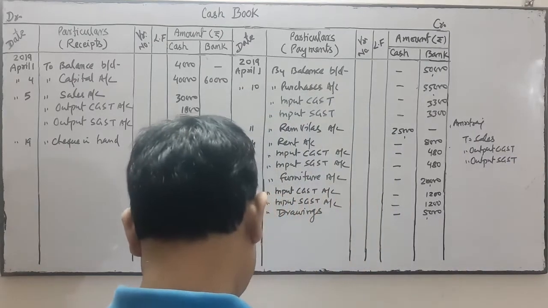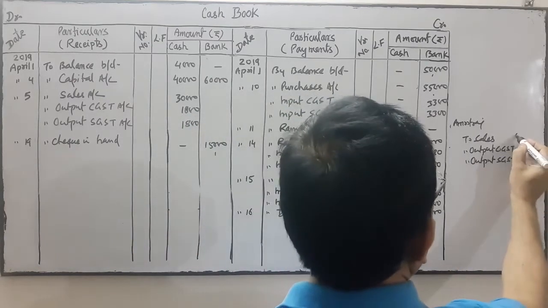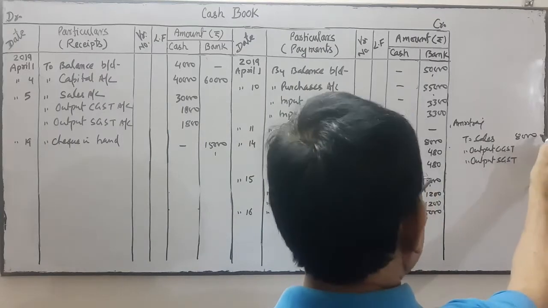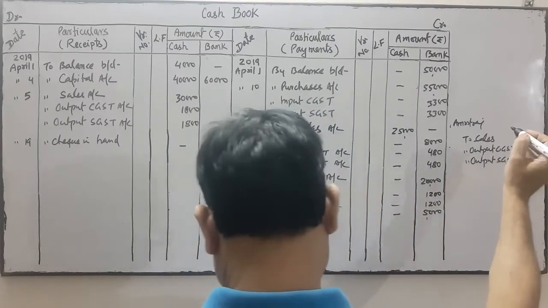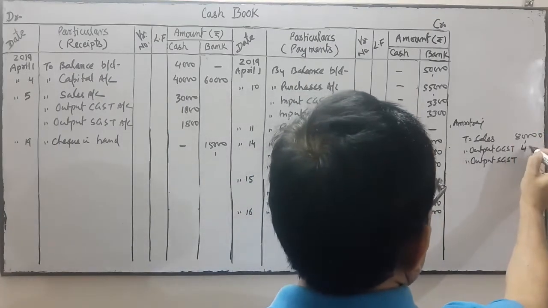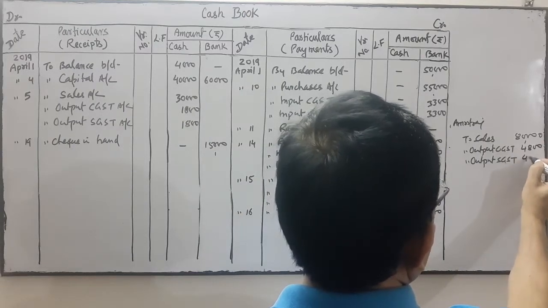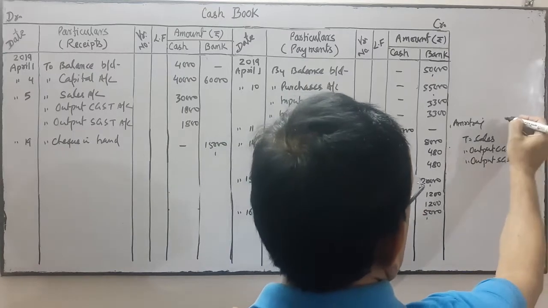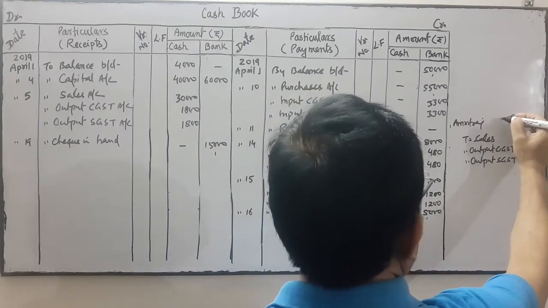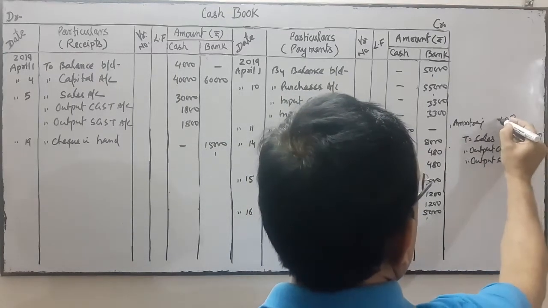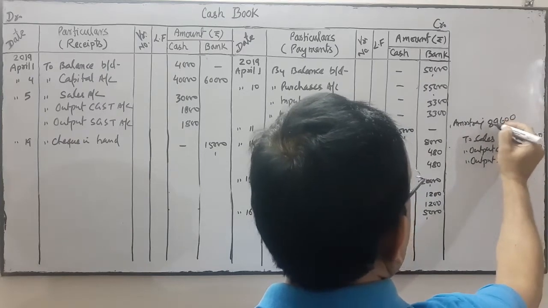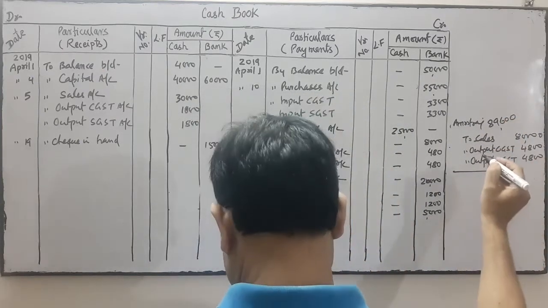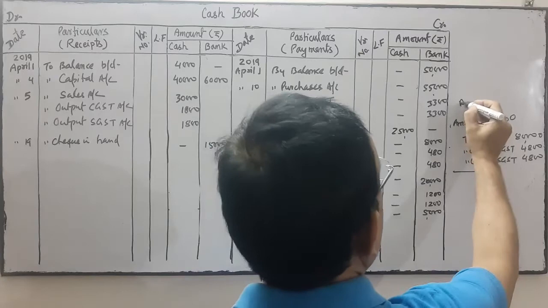Okay. Sales is 80,000 and CGST is at the rate of 6%. So 4,800 and 4,800. So total is 89,600. This is the transaction on April 20.